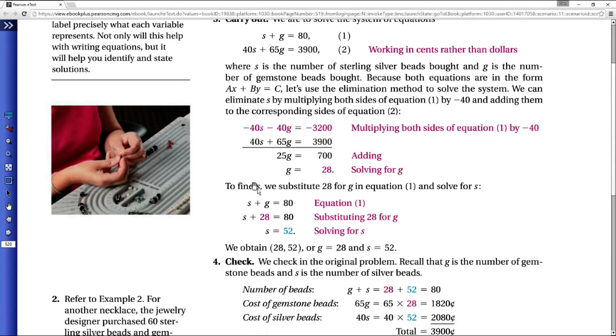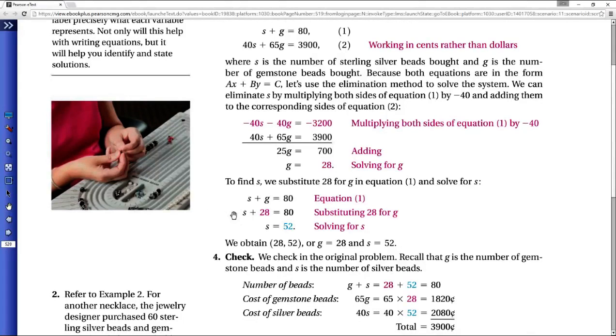That's the number. Well, now I can go back into the easier equation and put 28 in for G and solve the equation. So we have a situation now where the gemstone ones are 28 and the silver ones are 52.